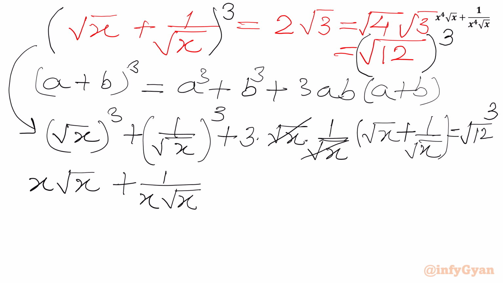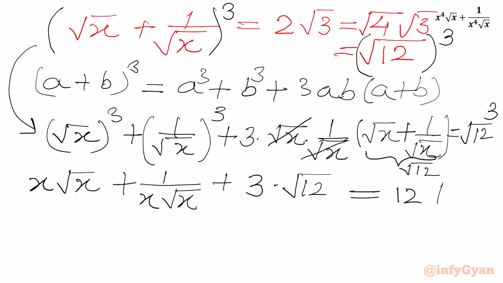These two terms will be over. Here we can write square root 12 or 2 root 3. Let me write square root 12. So this will give us 3 times square root 12. RHS is square root 12 whole cube, so square root 12 times square root 12 times square root 12, which is 12 square root 12.